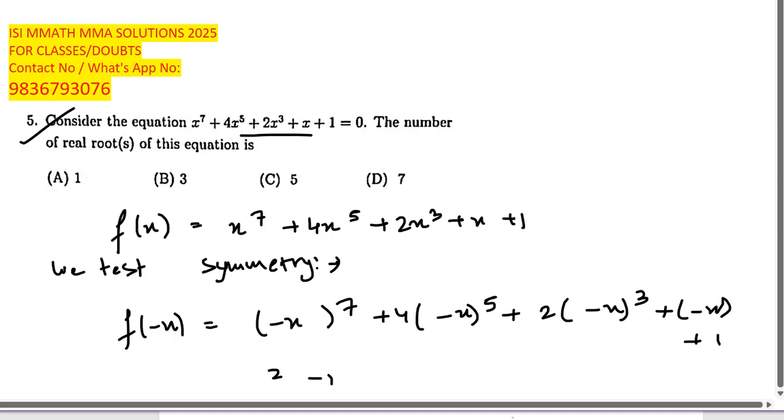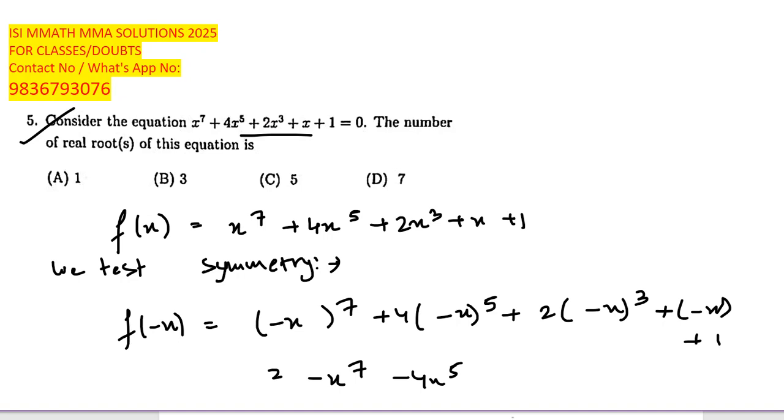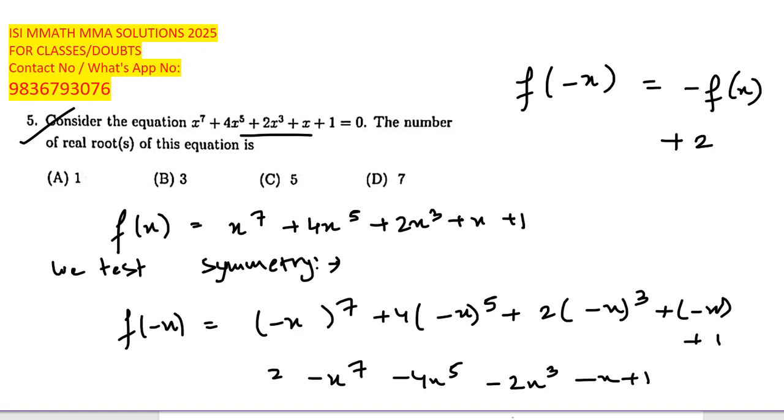So that is minus x to the power 7 minus 4x to the power 5 minus 2x cube minus x plus 1. From this we can say f of minus x is equal to minus f(x) plus 2. So the function is neither even nor odd.